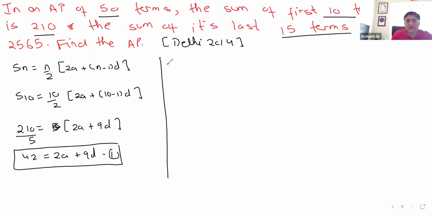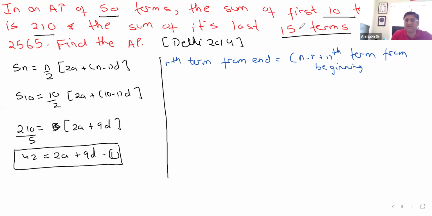We can say rth term from end is equal to n minus r plus 1th term from beginning. तो हमें क्या चाहिए? हमें चाहिए 15th term from the end.